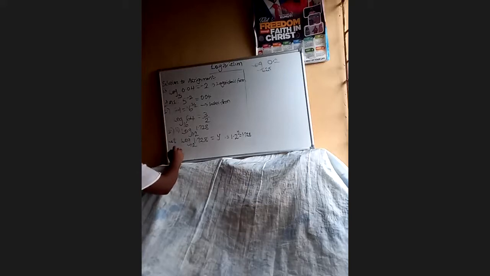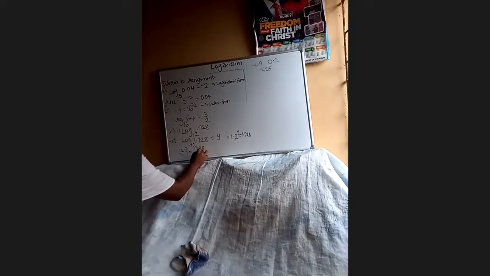Or we write out 1.2 and 1.728 in fractional form. 1.2 is the same thing as 12 over 10 raised to the power y, while 1.728 is the same thing as 1728 divided by 1000.